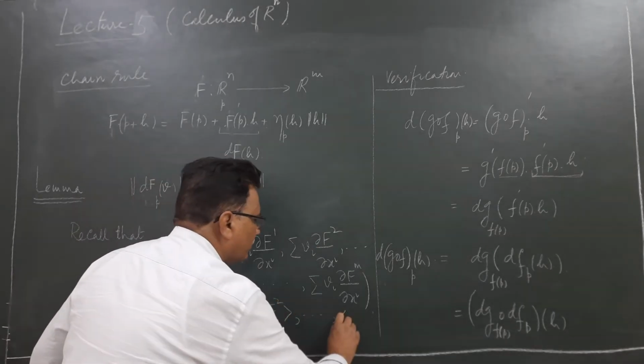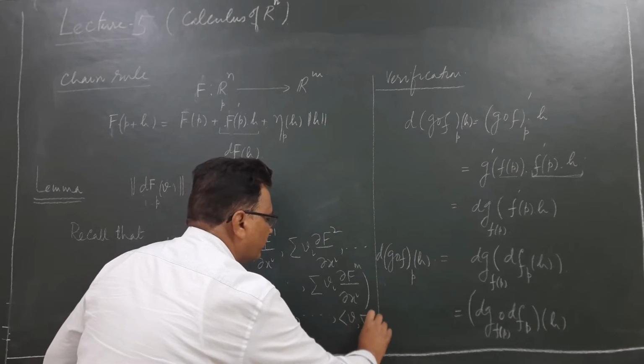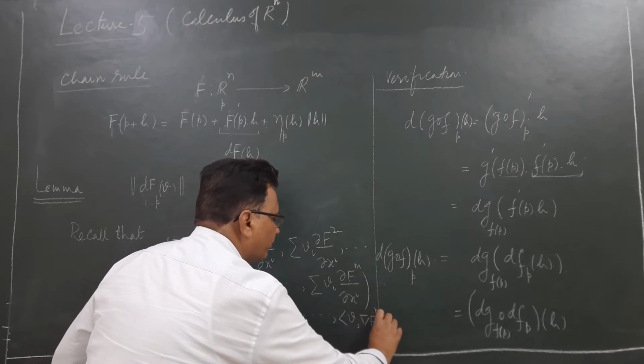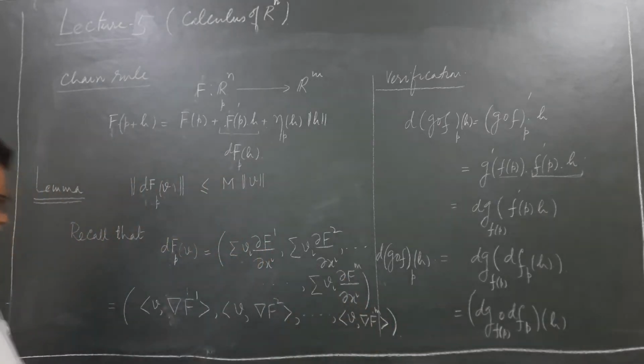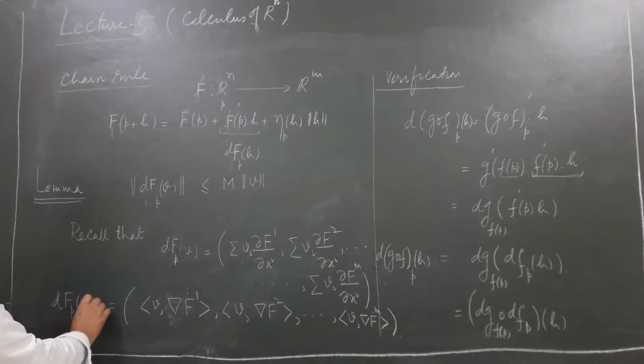You go up to the mth component, that is v comma gradient of fm. Alright, so this is df_p of v.